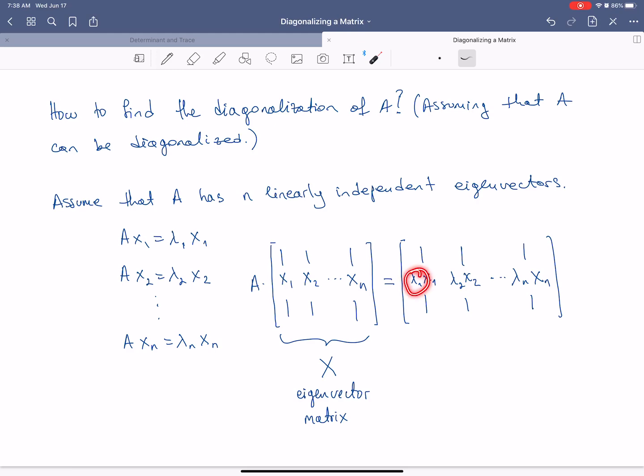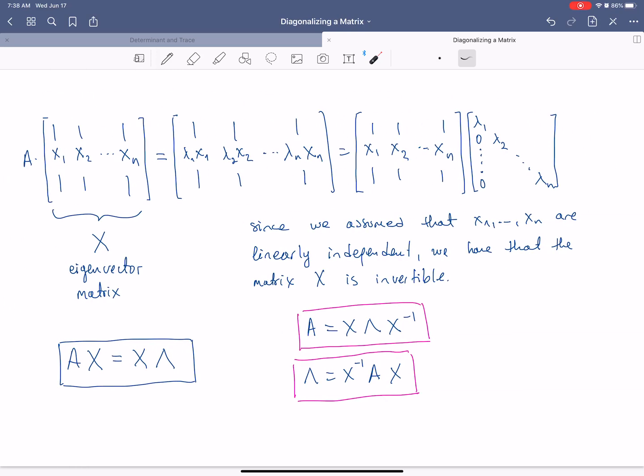Lambda 2 will show up here. So then this lambda 2 will have to move up, right? So changes in the columns of X will have to be reflected with changes not exactly in the columns of lambda, but in the diagonal terms, right?